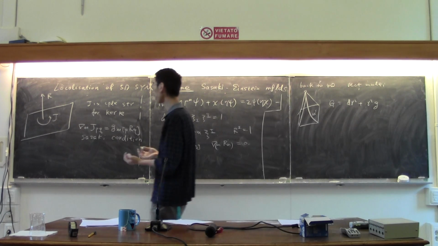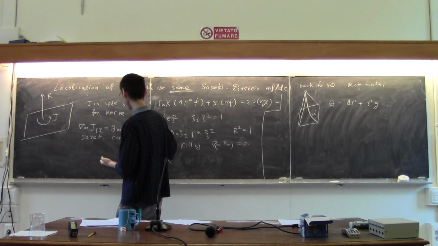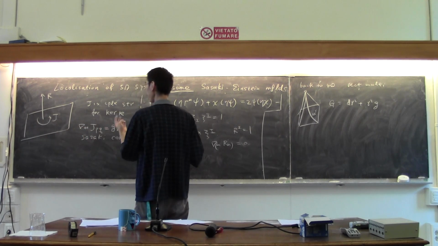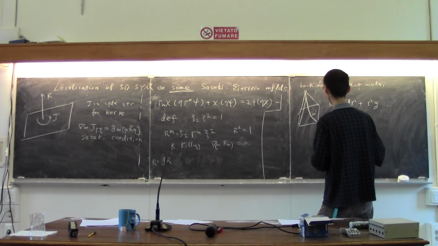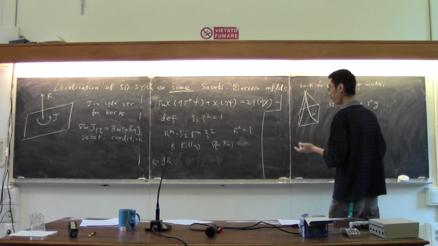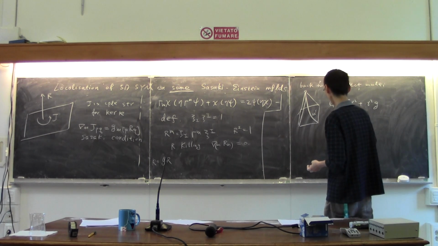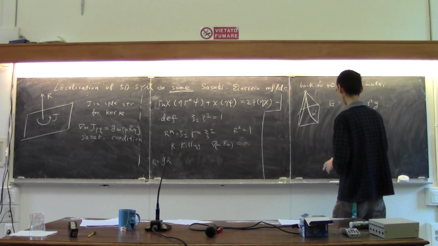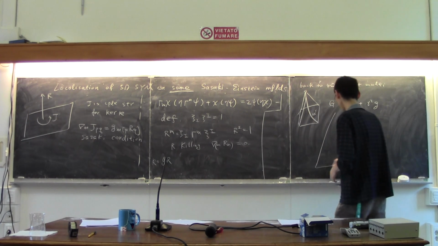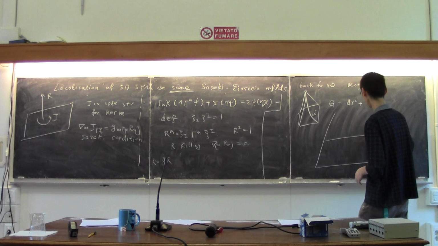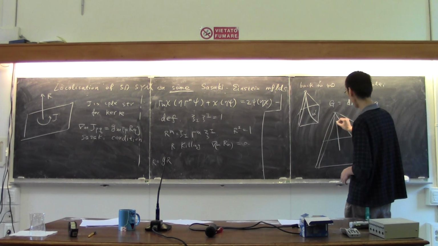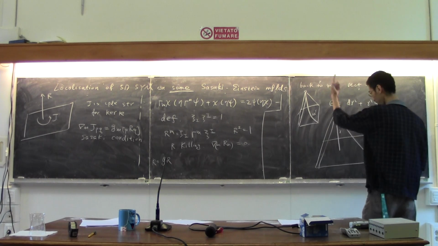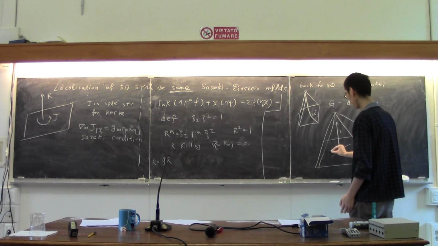And then what does this condition say? Now you can define a new complex structure. Let me draw a bigger picture. So this direction is the r direction, and then you have the Reeb direction.